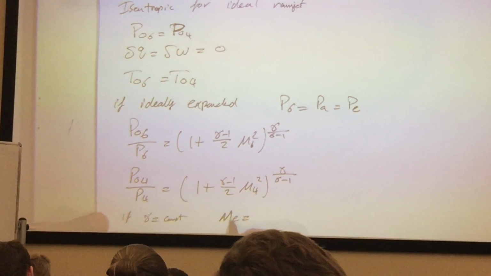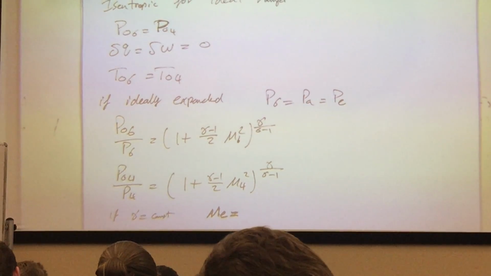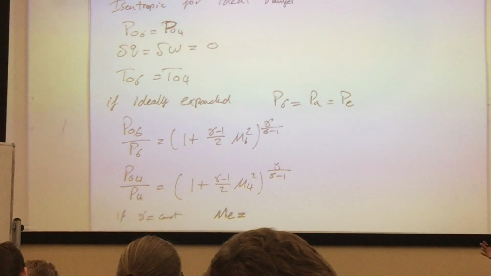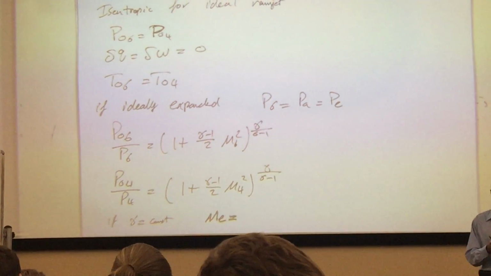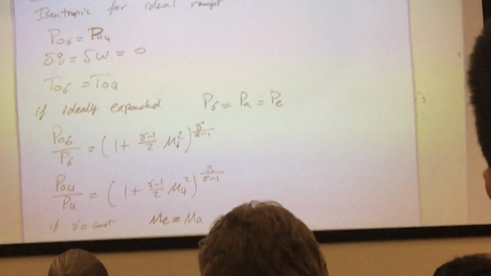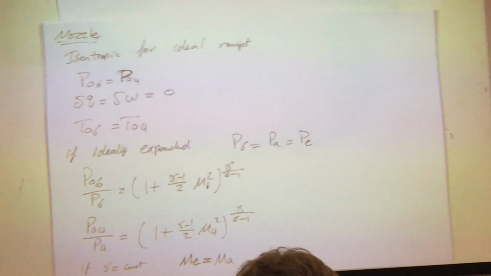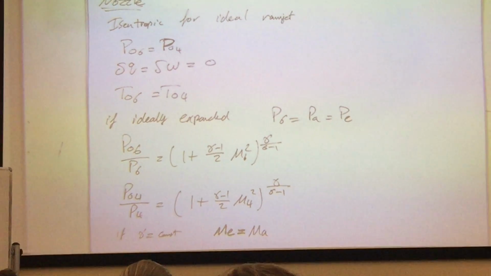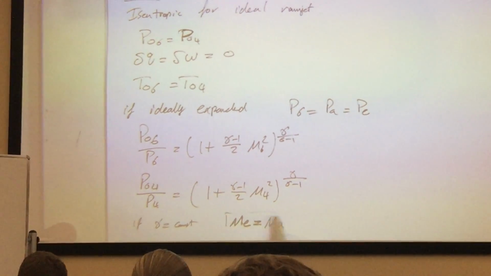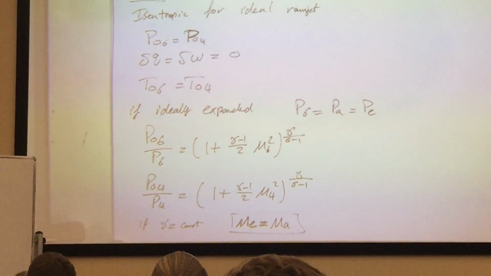The Mach number at the exit depends on scenarios. If you're trying to accelerate the vehicle or the aircraft, you might choose the exit Mach number to be different than the free stream, or you can choose conditions where it's equal to the free stream. If I just want to cruise, my exit Mach number is equal to my flight Mach number. It depends on how you're running your engine.